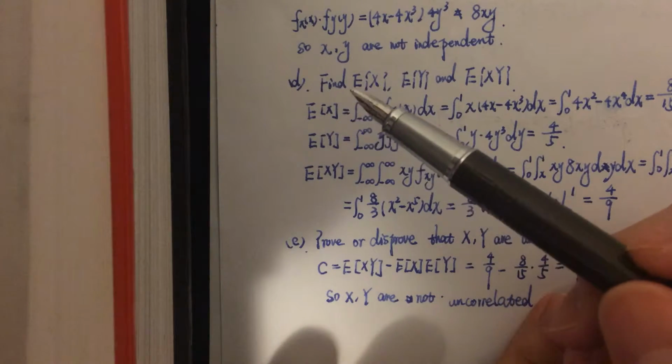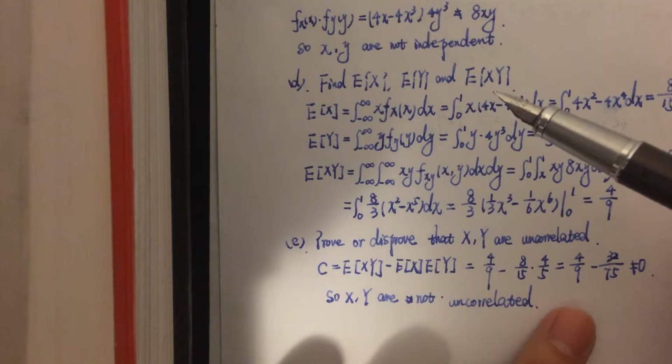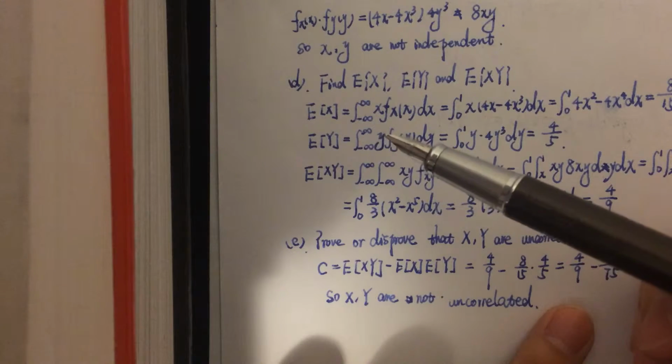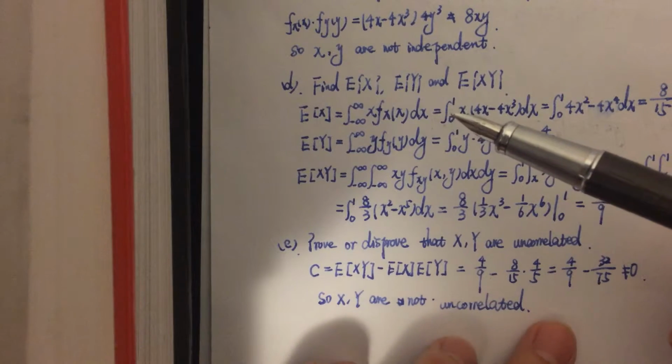What part D requires is to find E of X, E of Y, and E of XY. E of X, according to the formula, is like this.